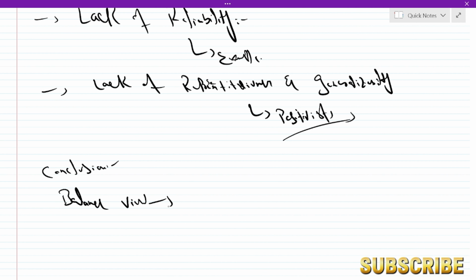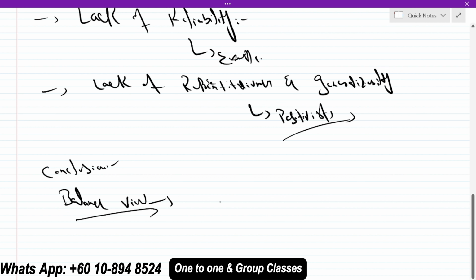Rigor means the intensity, the hard work, the hardship. It requires more rigor. And then a combined approach. You can see that we have the balance. We said yes, interpretivist methods are great, but they lack scientific rigor.